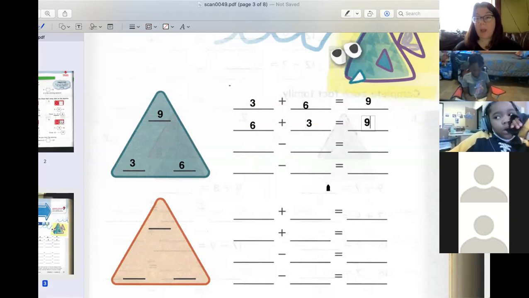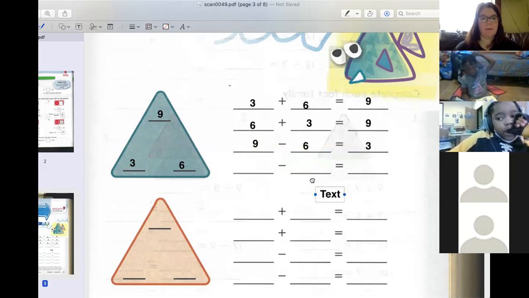Now, when we subtract, we always have to subtract from our biggest number. So we put 9 minus, and we can pick any one of those numbers. 9 minus 6 will equal 3. 9 minus 3 equals 6. So those are all of our equations for this fact triangle.